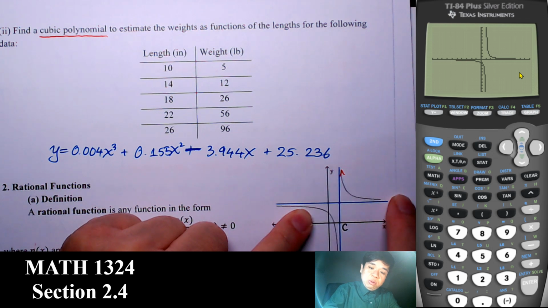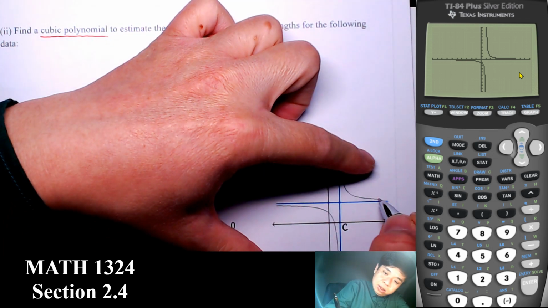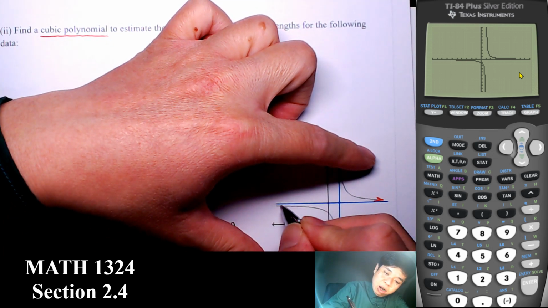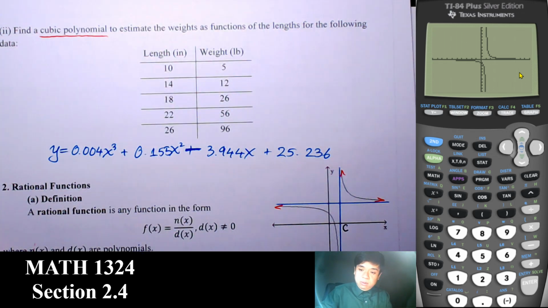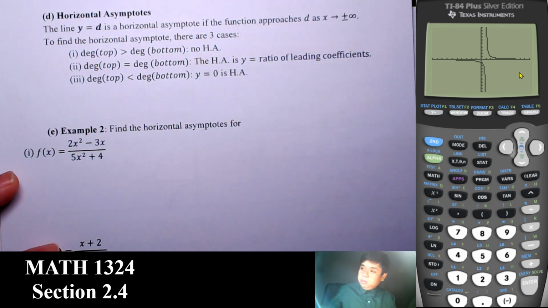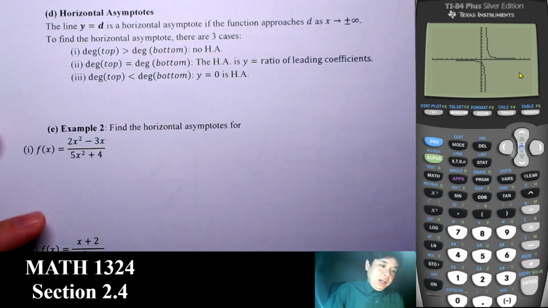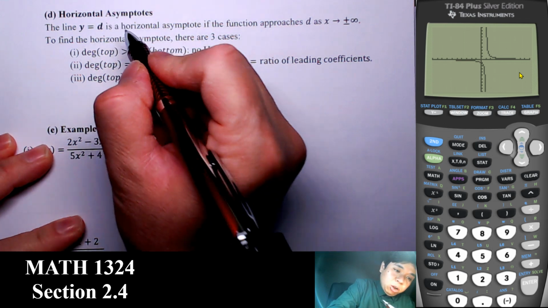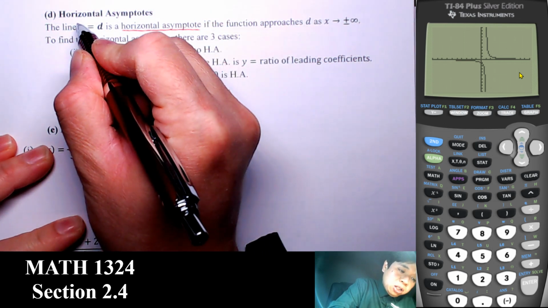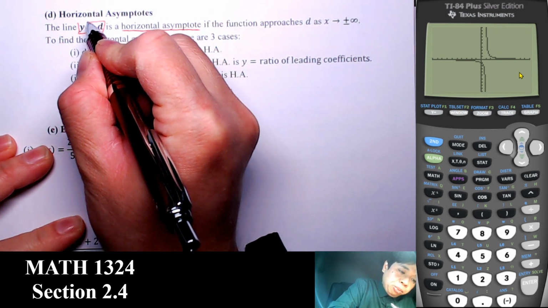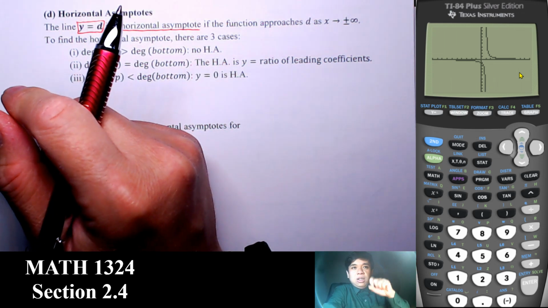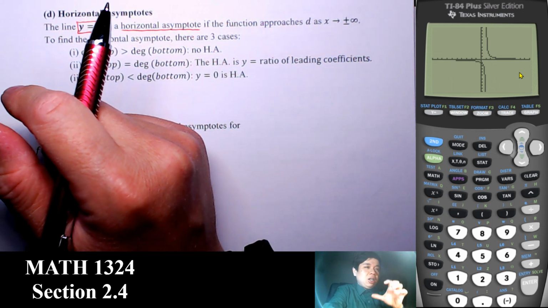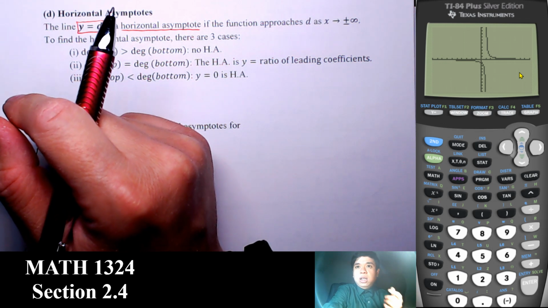When x goes to infinity, the function goes to a constant. When x goes to negative infinity, the function goes to a constant. Now the line y equals a constant is the horizontal asymptote. So x equal to something is a vertical line, y equal to something is a horizontal line.